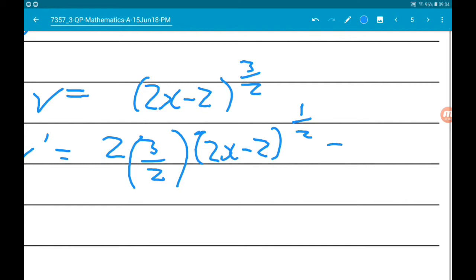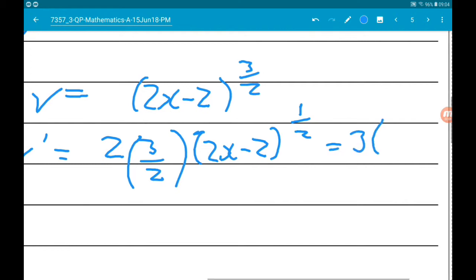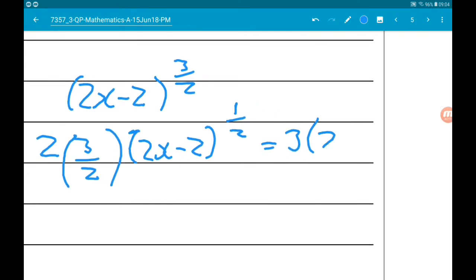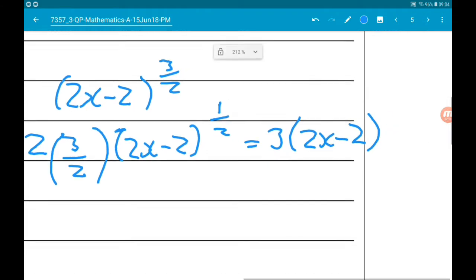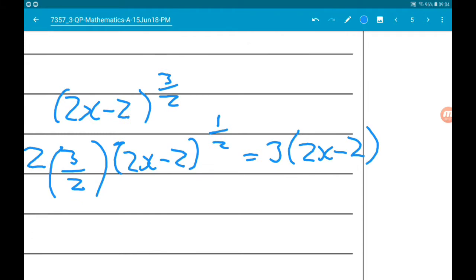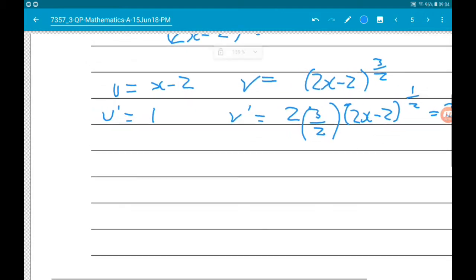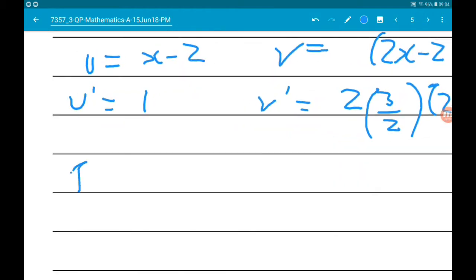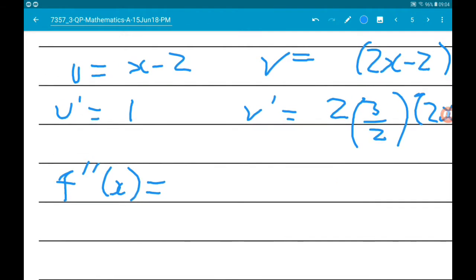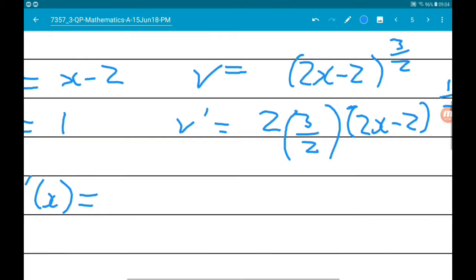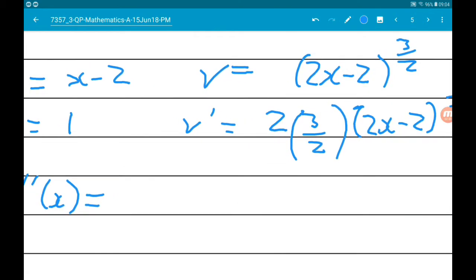So we got 3 times 2x minus 2 to the power of 1/2. Okay, and then f dash dash is going to be u dashed times v. So that's just going to give us 1 times 2x minus 2 to the 3 halves.